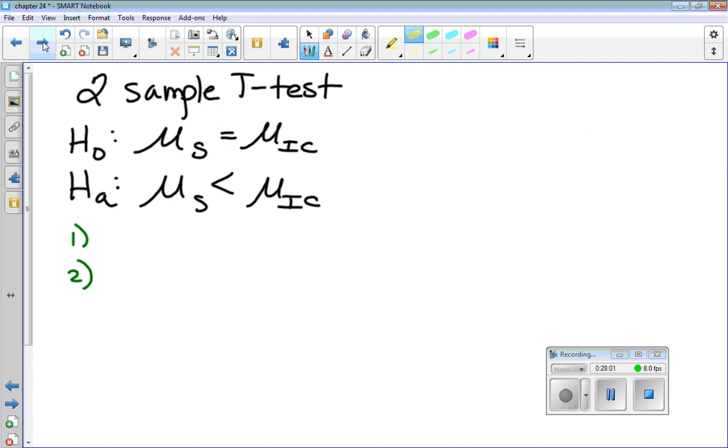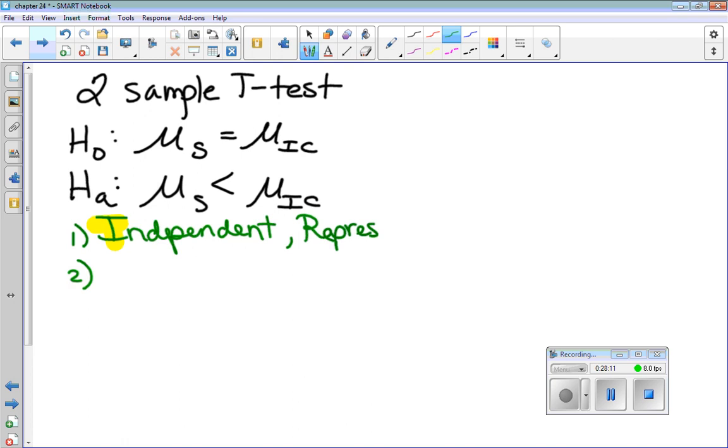So we're going to say that they are independent random samples, or we'll say independent representative samples. And we should say both are, okay? Because we should be discussing them individually.